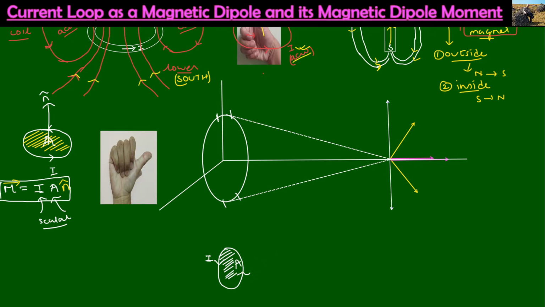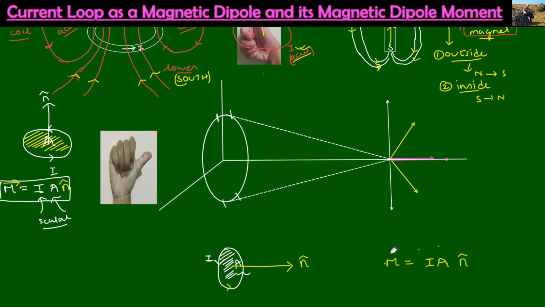So what is the concept of magnetic moment? It is a vector quantity, and the direction of the magnetic moment is always perpendicular to the plane of the coil and is governed by this unit vector. So the magnetic moment M is equal to the product of the current I, which is moving in this direction, and the area of the coil, along with the direction of the area vector.